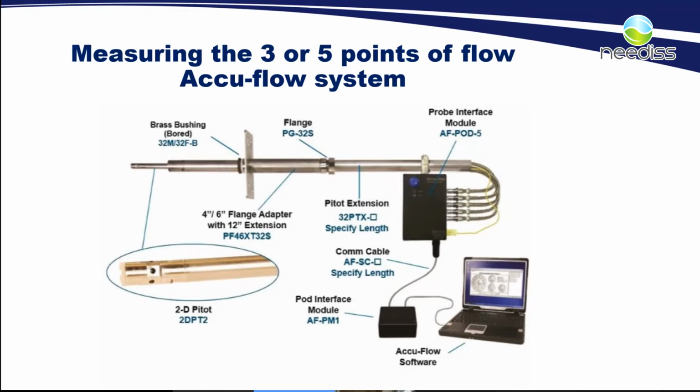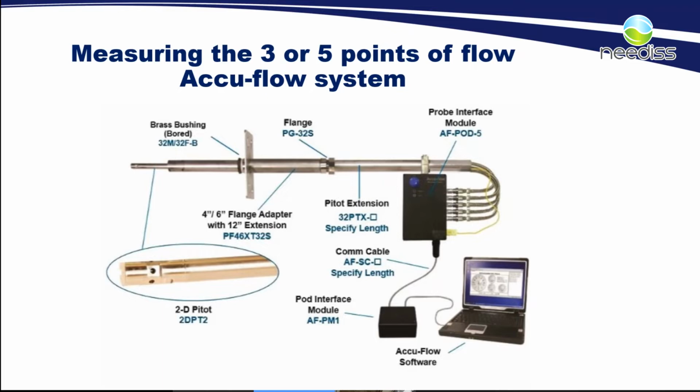Now, when we get to a 2D pitot, current data seems to show that we're getting down to close to the plus or minus 1% accuracy range of measuring flow. And 3D pitots are showing that they are also accurate to somewhere around plus or minus 1% when measuring flow.